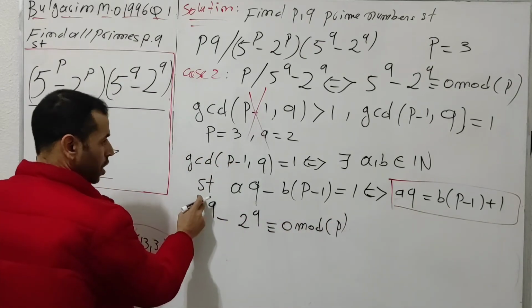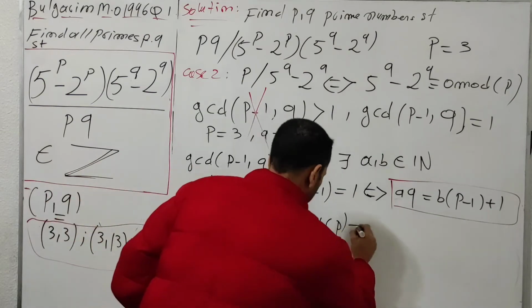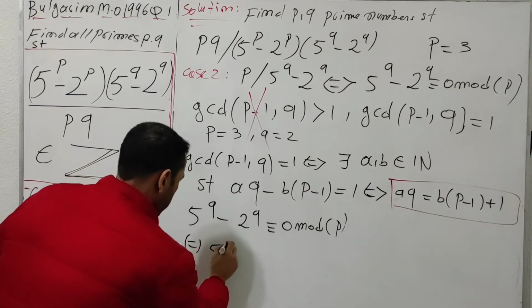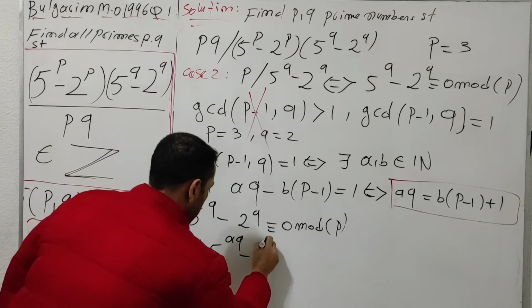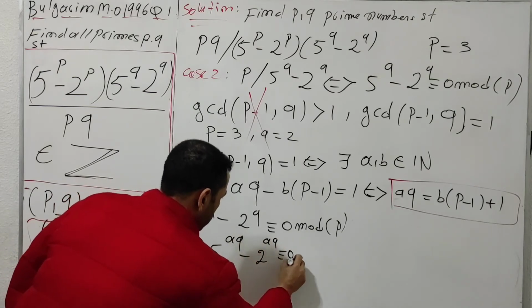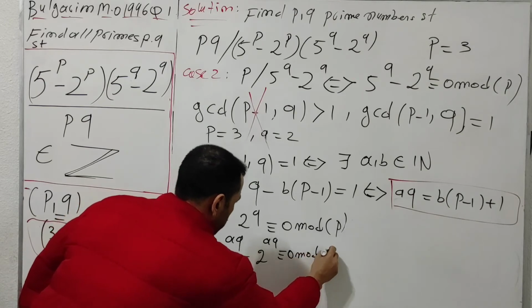I'm going to raise it to the exponent a. It's equivalent to 5 to the aq minus 2 to the aq congruent to 0 mod p.